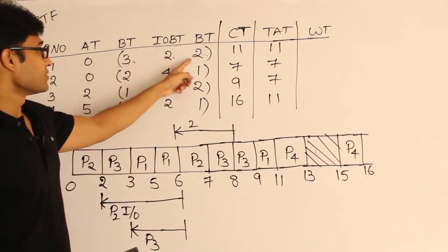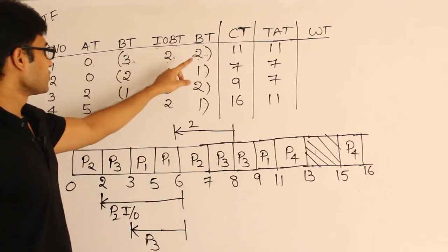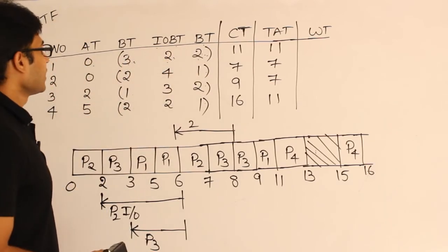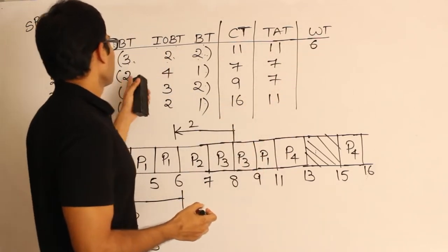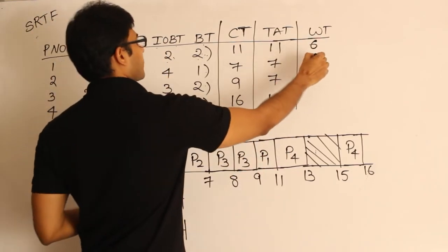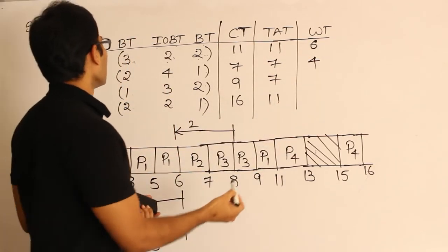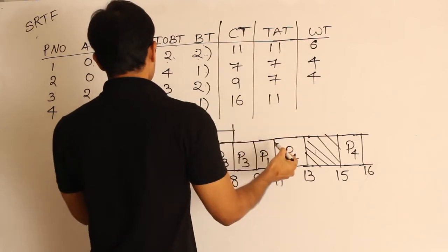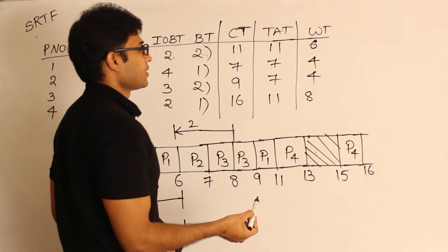This is a burst time and this is a burst time. Therefore you have to reduce these two from this 11. Then 11 minus 5 is 6. And 7 minus 3 is 4, and 7 minus 3 is 4, and 11 minus 3 is 8, right?